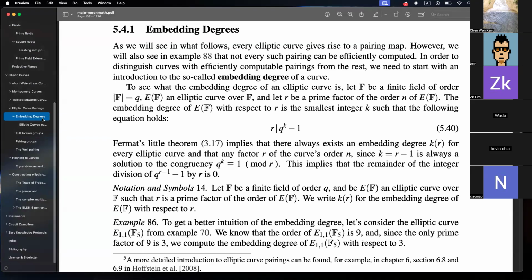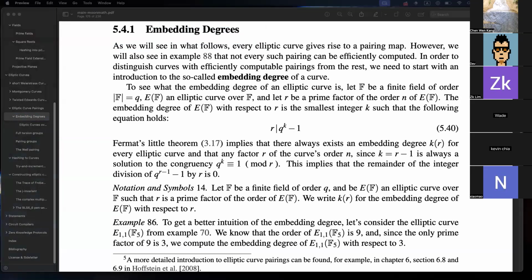I think embedding degree is one of the factors that decides that. Generally you essentially want something that allows you to calculate pairings cheaper. That's one of the big things in choosing pairing-friendly curves.